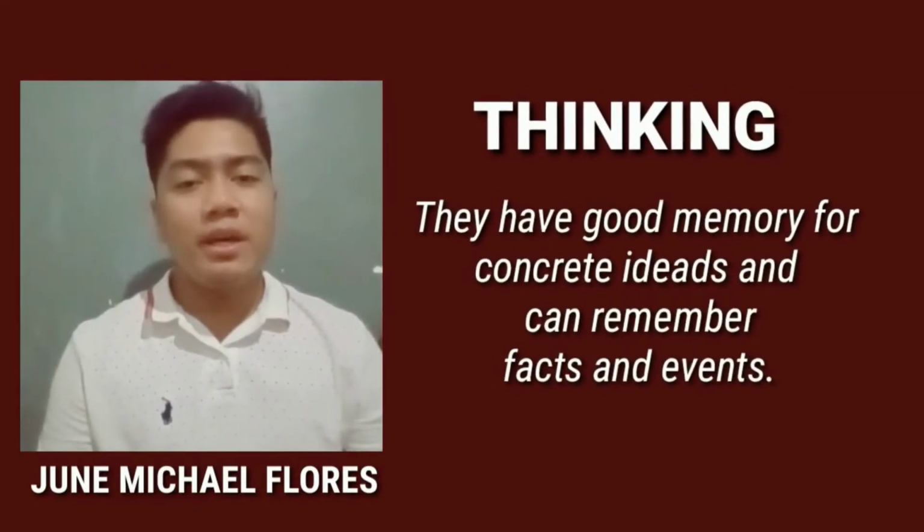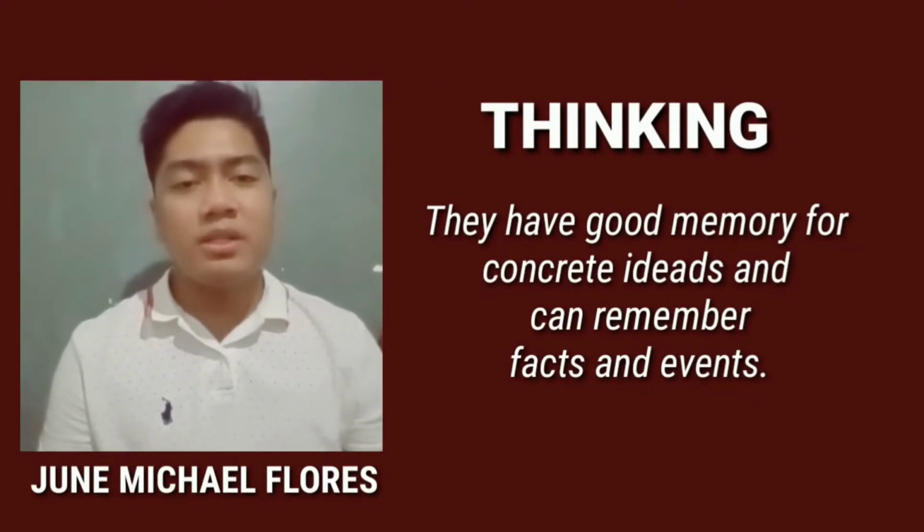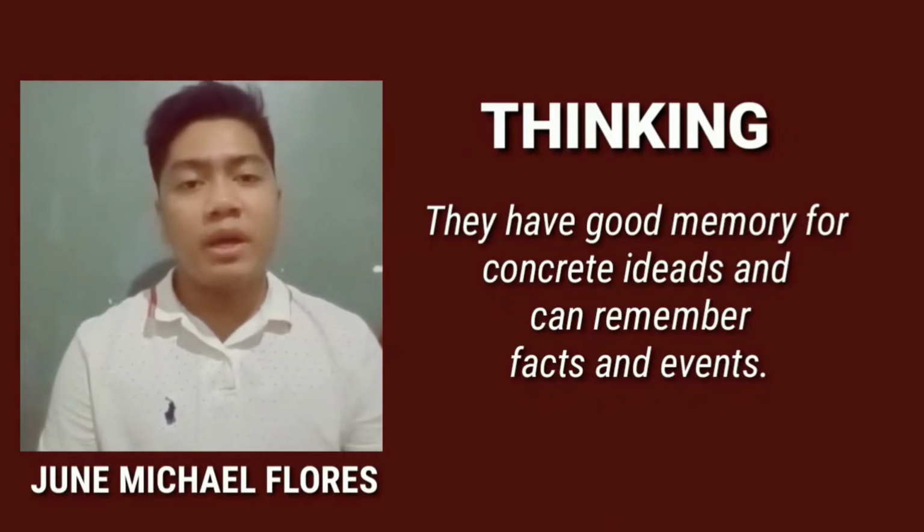So next is thinking. Children's thinking abilities change dramatically during the period between 5 and 7. They have good memory for concrete ideas and can remember facts and events. Children at age 6 to 12 develop the ability to think in concrete ways. These are called concrete because they are done around objects and events.